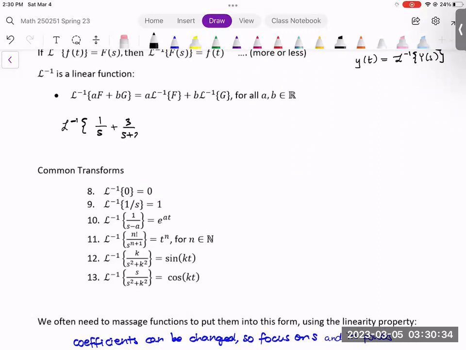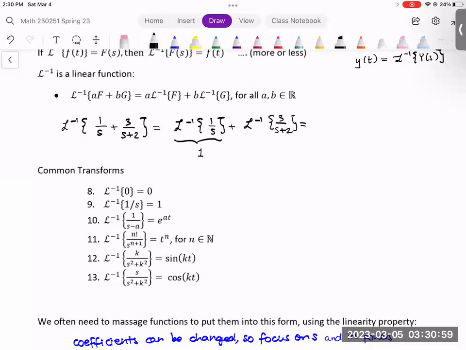s plus 2, we could use this linearity to say, I'm going to break this up as a sum, the inverse Laplace transform of 1 over s plus the inverse Laplace transform of 3 over s plus 2. Okay, 1 over s we see in our list, that's going to be equal to 1. The 3 over s plus 2, we don't quite see that.